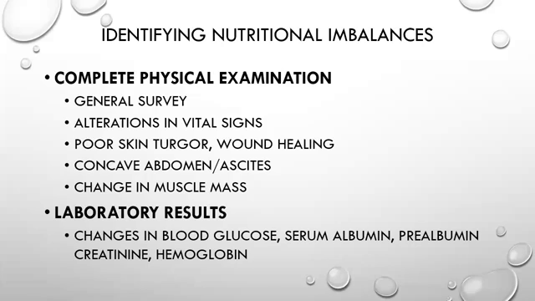Okay, and then hemoglobin. This is composed of heme, which is an iron-rich compound, and globin, which is the serum protein, right? So that's hemoglobin. Adequate iron intake is required to produce hemoglobin, right? So therefore, low hemoglobin may indicate inadequate iron intake or chronic blood loss.